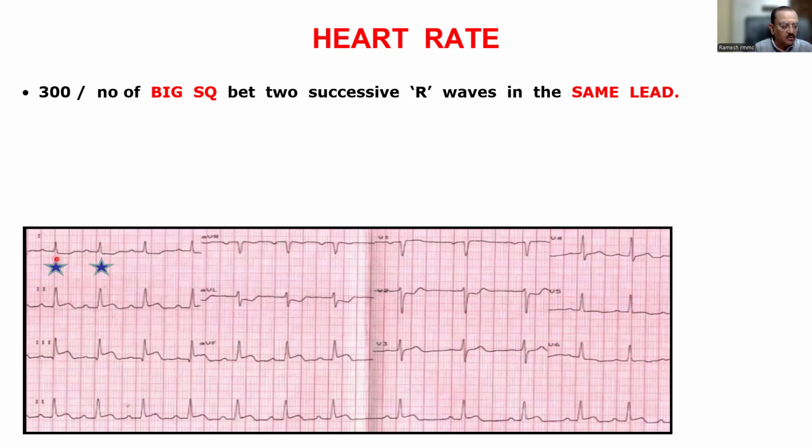What we want to do is calculate how many big squares are there between the R waves. How many are there? 1, 2, 3. There are 3 big squares between 2 R waves. What is the heart rate now? 300 by 3, it is 100. That's it. It's very simple to calculate the heart rate.